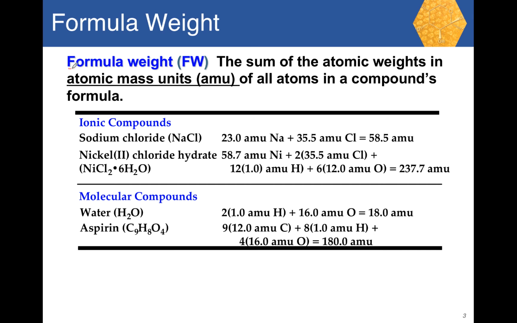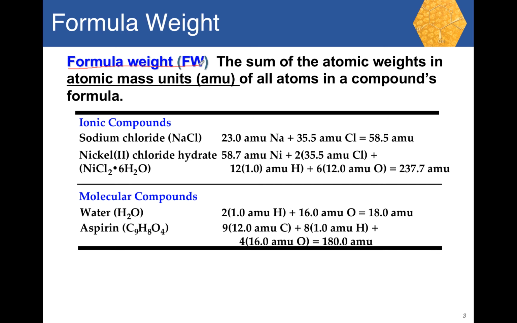First, we'll look at formula weight. As you know from the periodic table, every matter, in fact, consists of elements shown on the periodic table. It just so happens that they are combined in different fixed, the key here is fixed, ratios.